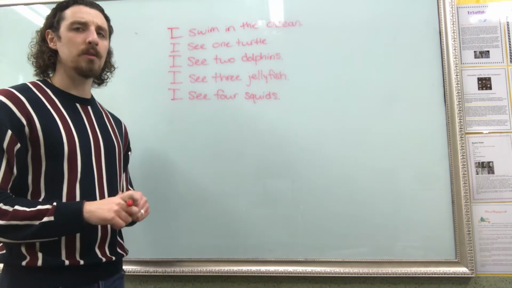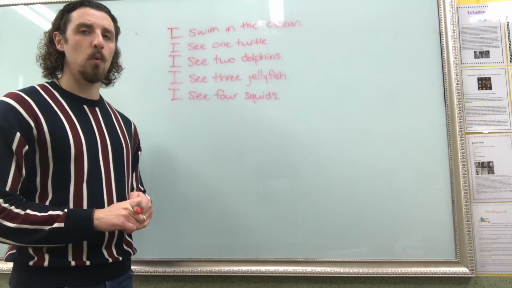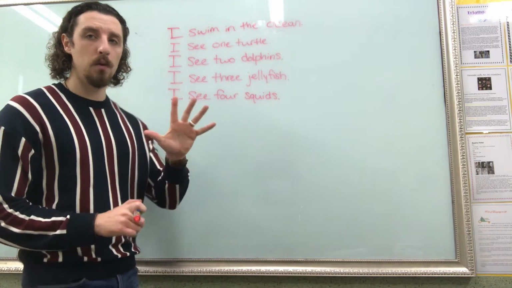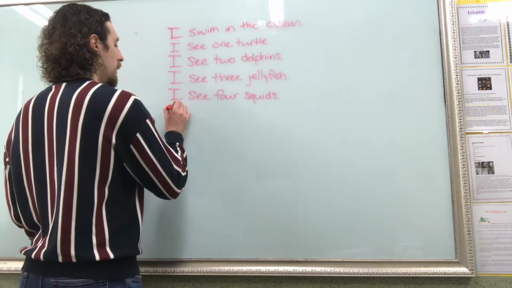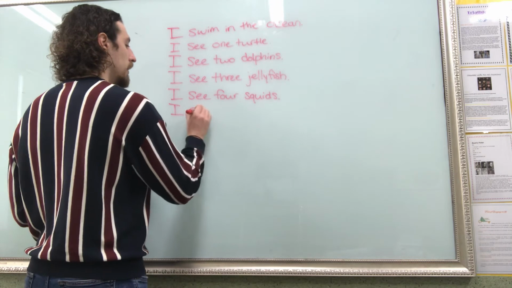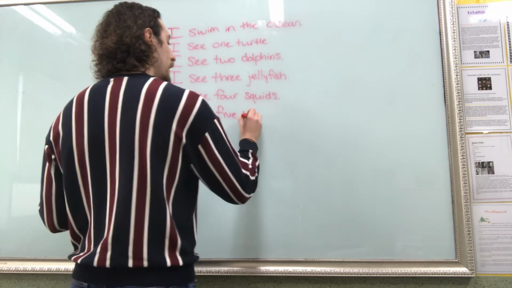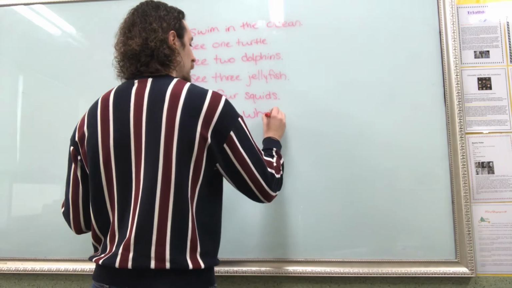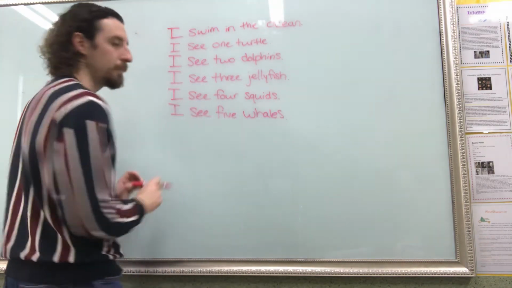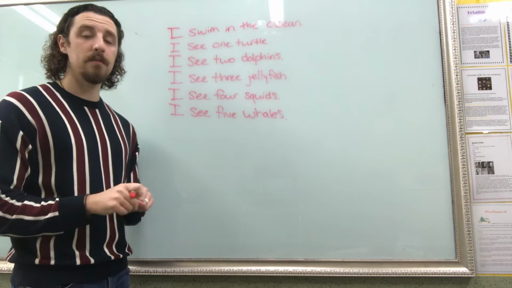How many whales did we see? We saw 5 whales. So we will say, I see 5 whales. I see 5 whales.